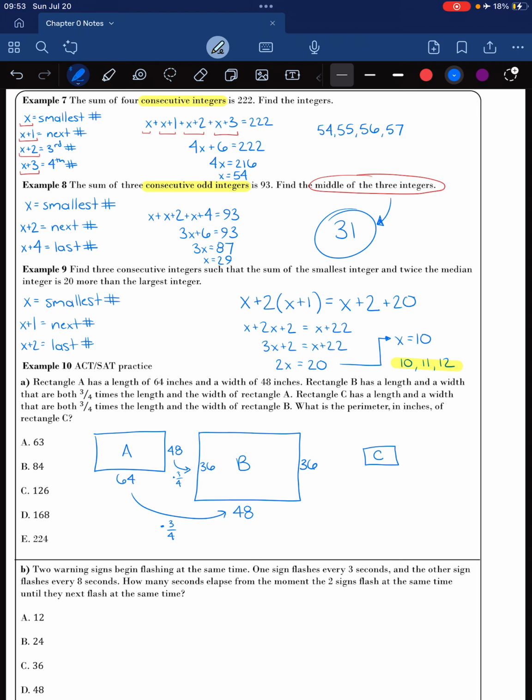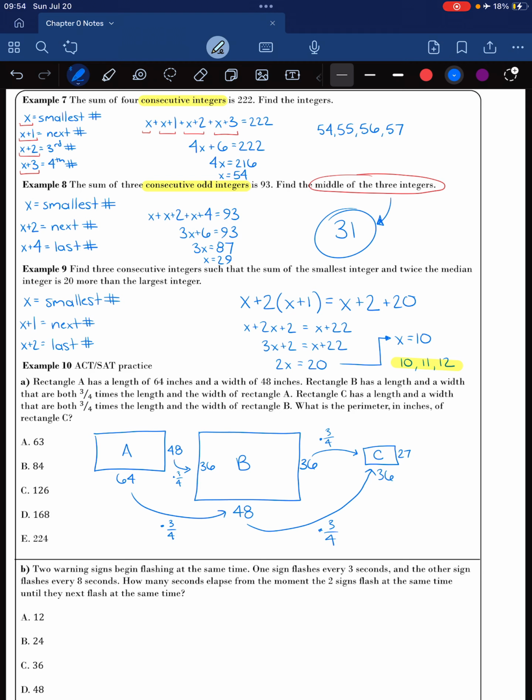But again, it doesn't really matter. As long as we're keeping track of the lengths and the widths, we just need to multiply times 3/4. And then for the width, I need to do times 3/4. And 36 times 3/4 is going to be 27 for the width and 36 for the length.